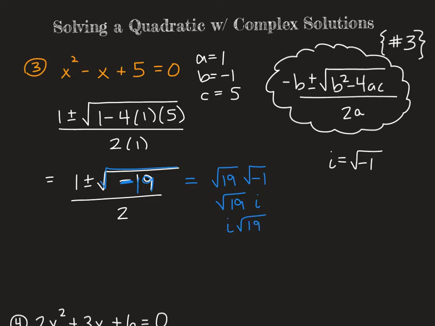We just write the i out in front. So when we keep going with this, we'll have 1 plus or minus i root 19 all over 2. And the way you want to write this on Alex is because it's two answers, you'll write one with the plus sign, comma, one with the negative sign.